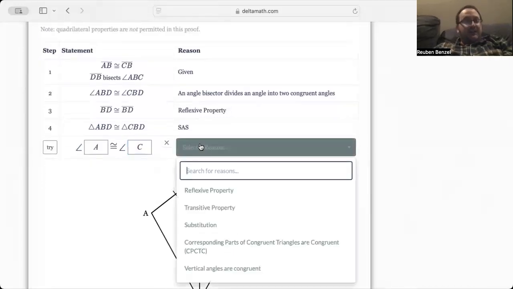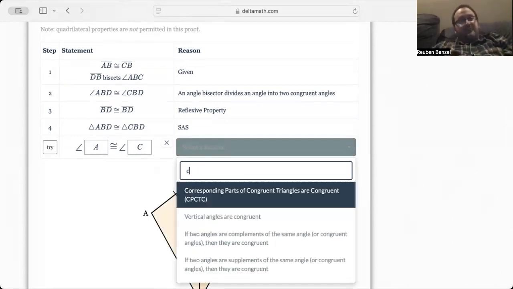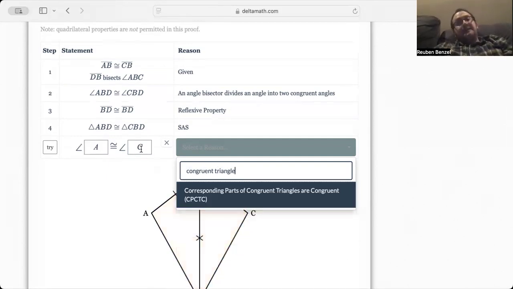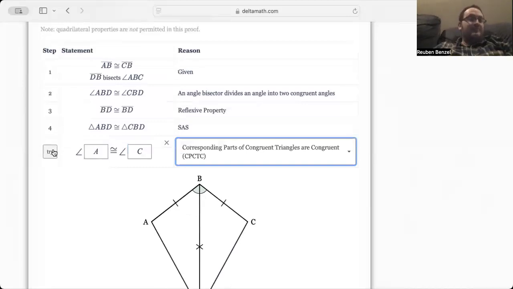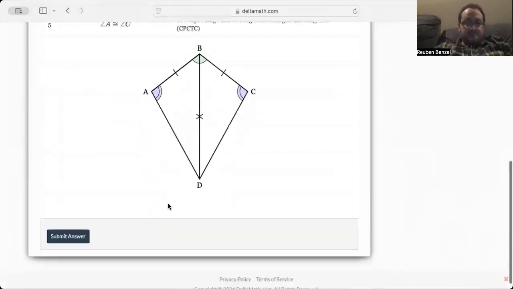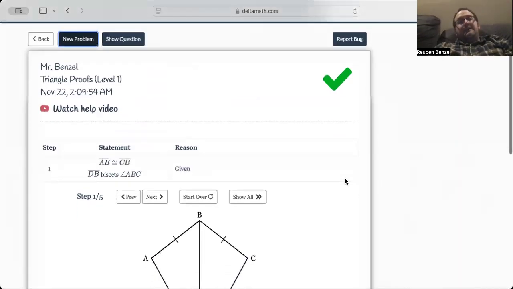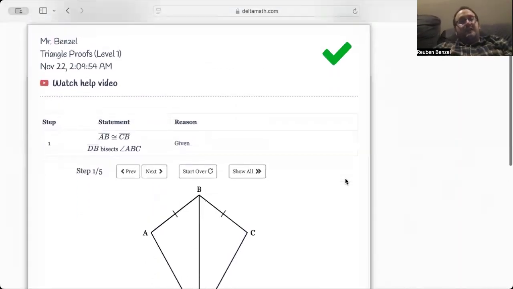And if I look at statement 4 and read that in plain English, it says that triangle ABD is congruent to triangle CBD. So I'm going to type in congruent triangles. And sure enough, I get that acronym CPCTC. So you always do CPCTC after you show that the triangle is congruent. And we'll submit. And the good news is that we did get it correct.